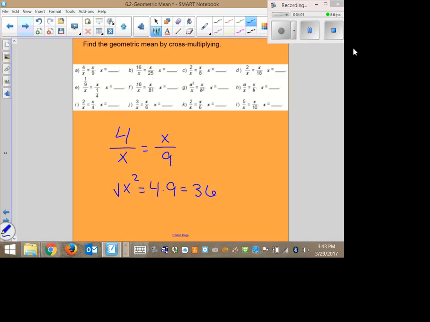Taking the square root of both sides, we get that x is 6. So the geometric mean between 4 and 9 is 6. Carrying on in this pattern, for b, we get the square root of 16 times 25, so we get 20. For c, we get the square root of 2 times 8, so the square root of 16, and that would be 4.